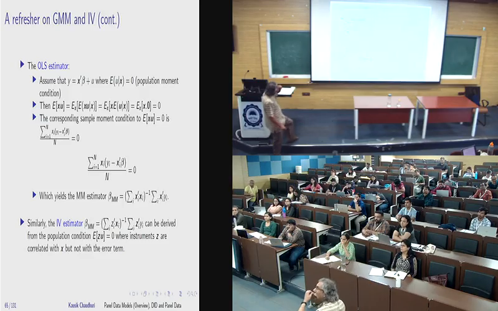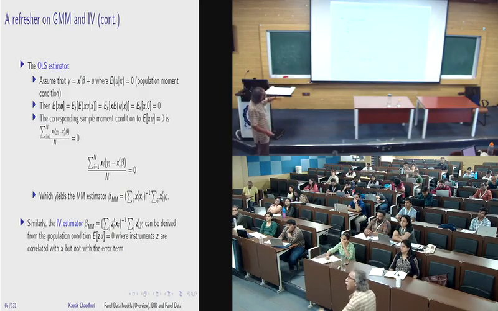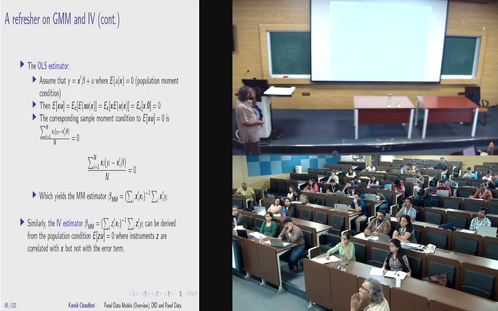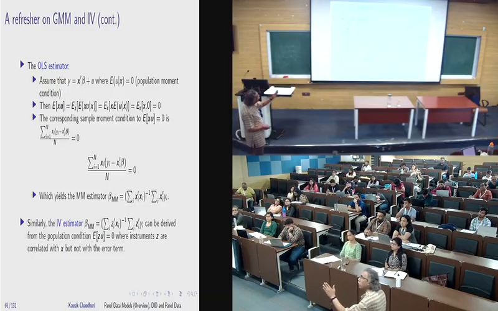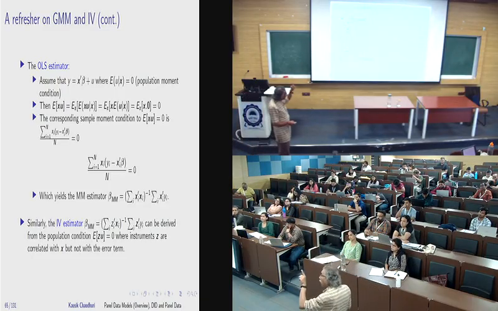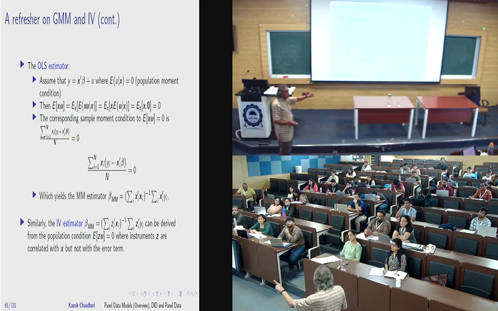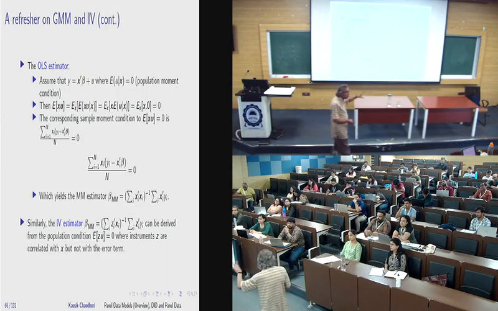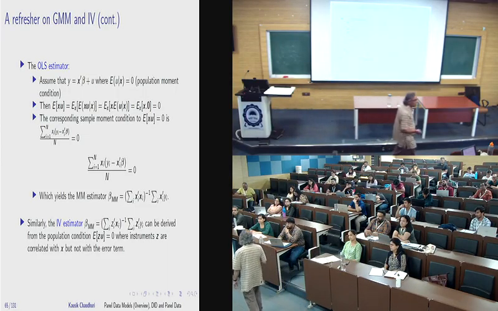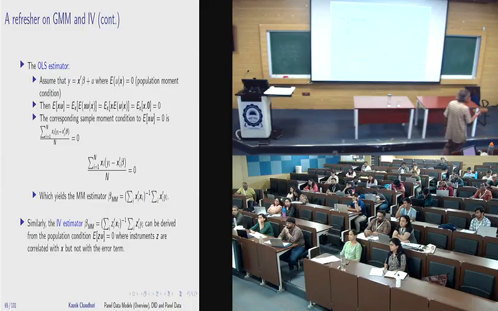So note the OLS estimator: I have the population moment condition. The corresponding sample moment condition is the deviation of yi from xi beta, times xi, and the sum or average of them is equal to 0. Recall, yi minus xi beta is your residual.